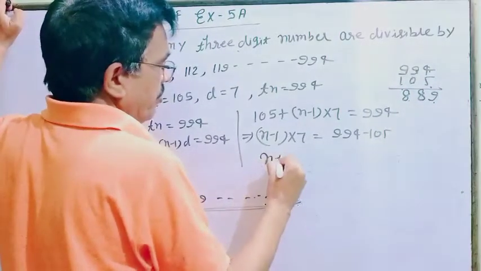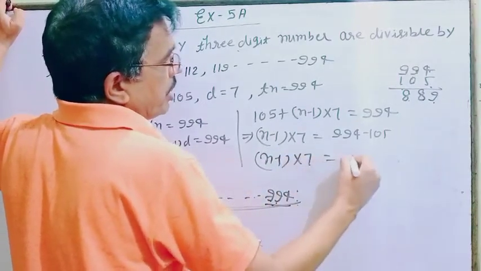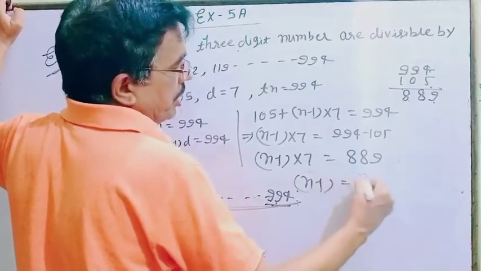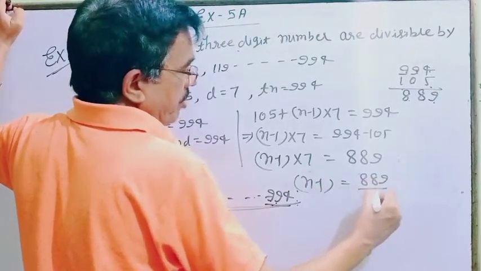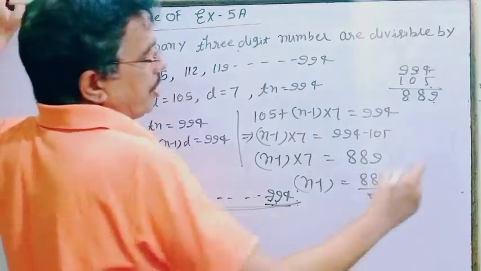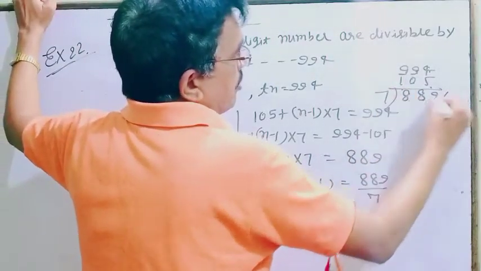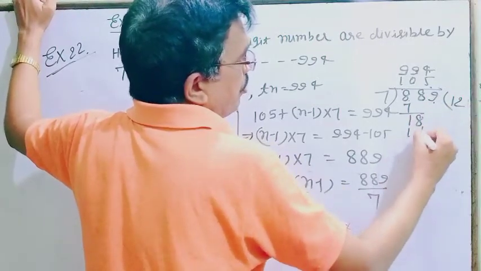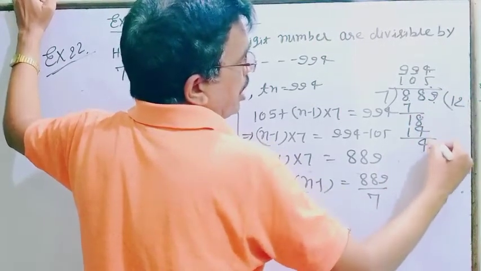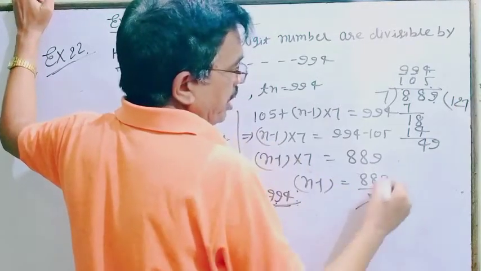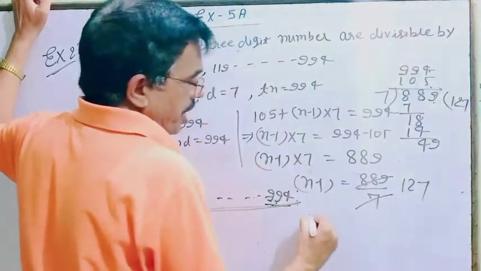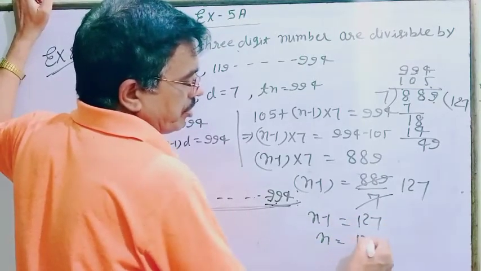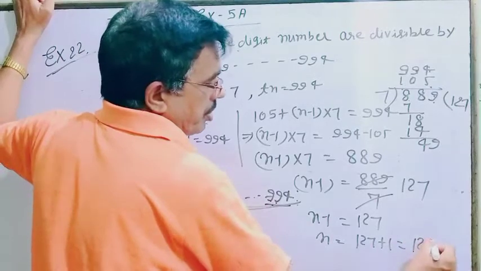We write (n minus 1) into 7 is equal to 889. So n minus 1 is 889 by 7. Divide by 7: 7 1s are 7, 18, 7 2s are 14, 49, 7 7s are 49. That means 127. If n minus 1 is 127, then n is 127 plus 1, that is 128.